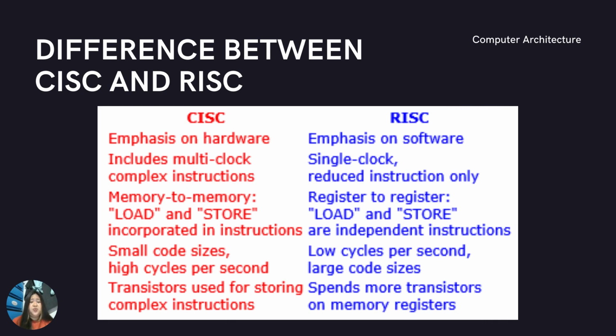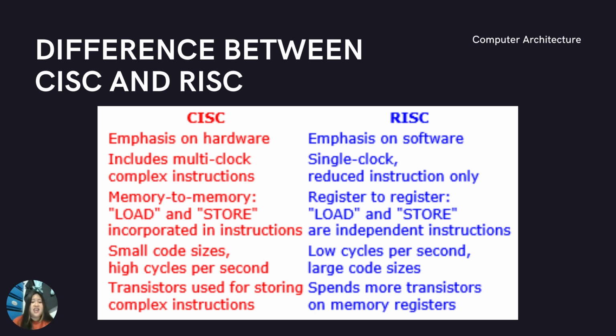Next, the difference between CISC and RISC. So the first one for the CISC is it emphasizes on hardware while the RISC emphasizes on software. Next for the CISC is includes multi-clock complex instructions, while for the RISC, single clock and reduced instruction only.